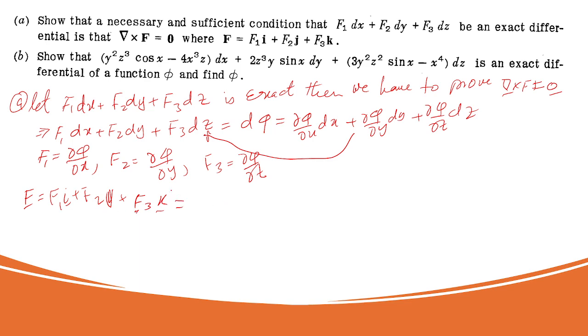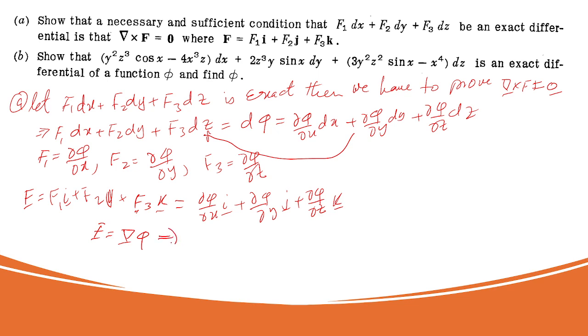Now the value of this is partial phi partial x i plus partial phi partial y j plus partial phi partial z k. So what does that mean? That means the force field is the gradient of phi.